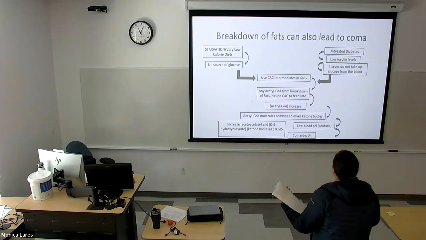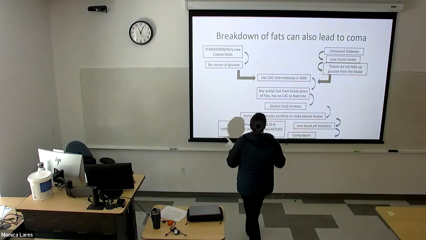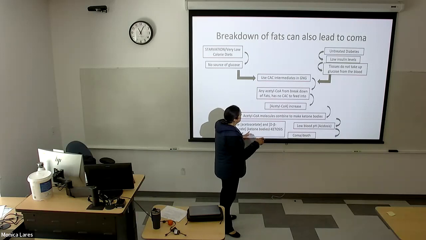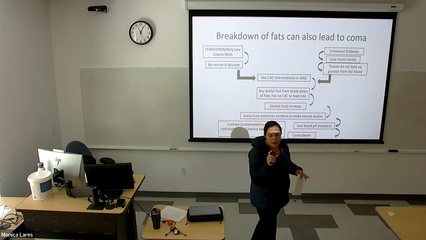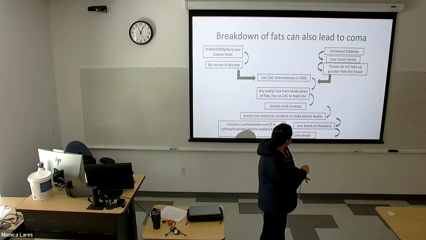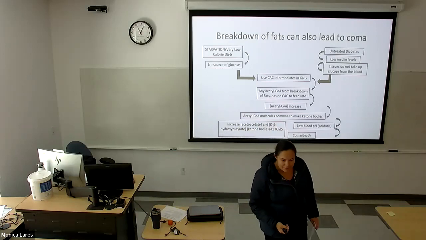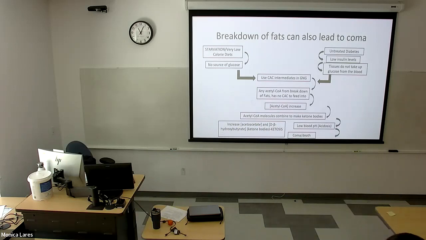So what happens in the body is you start using your citric acid cycle intermediates, like that oxaloacetate. You start using it up in gluconeogenesis. And remember that oxaloacetate is already in low concentration.